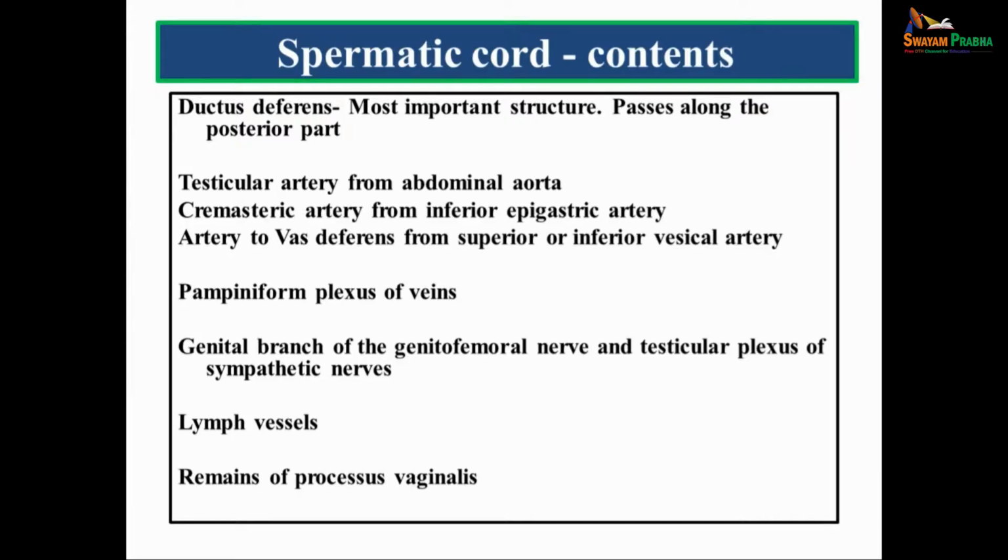The nerves are the genital branch of the genitofemoral nerve and the testicular plexus of sympathetic nerves. Apart from that, there are lymph vessels. Then remains of an embryological structure that is called the processus vaginalis. So, these are the different contents, and it is very important to know all the contents. This can be asked as a short note question during your examinations.